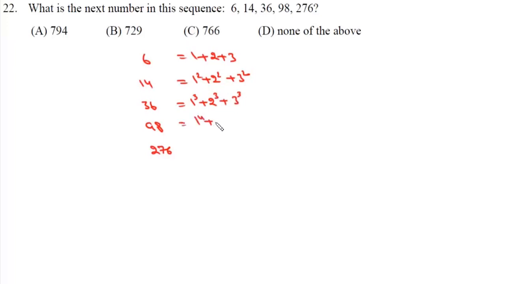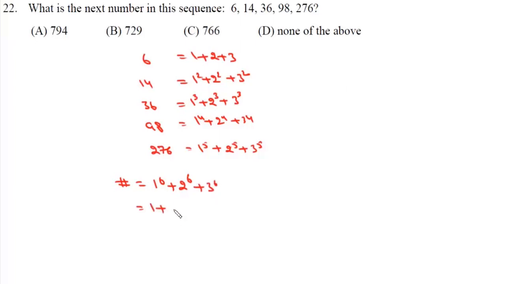This is 1 to the power 4, 2 to the power 4 and 3 to the power 4. And here it will be 1 to the power 5, 2 to the power 5 plus 3 to the power 5. So the next number in the sequence will be 1 to the power 6 plus 2 to the power 6 plus 3 to the power 6.